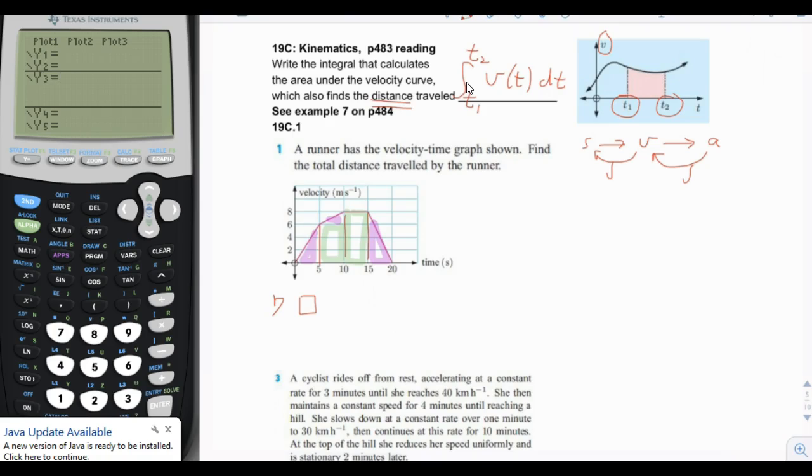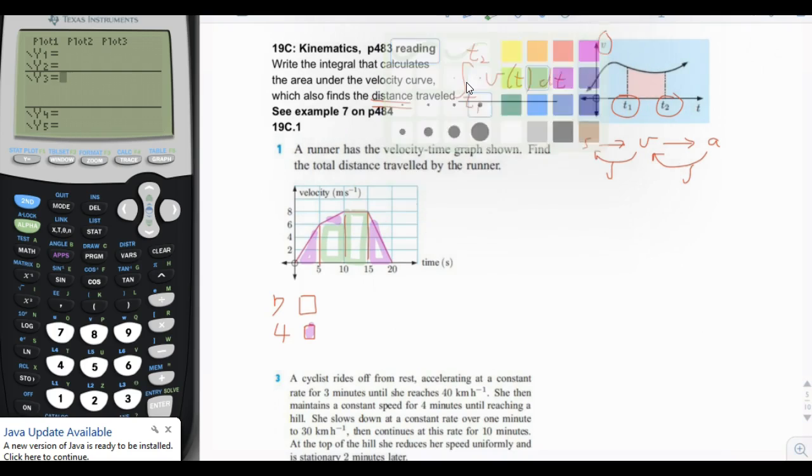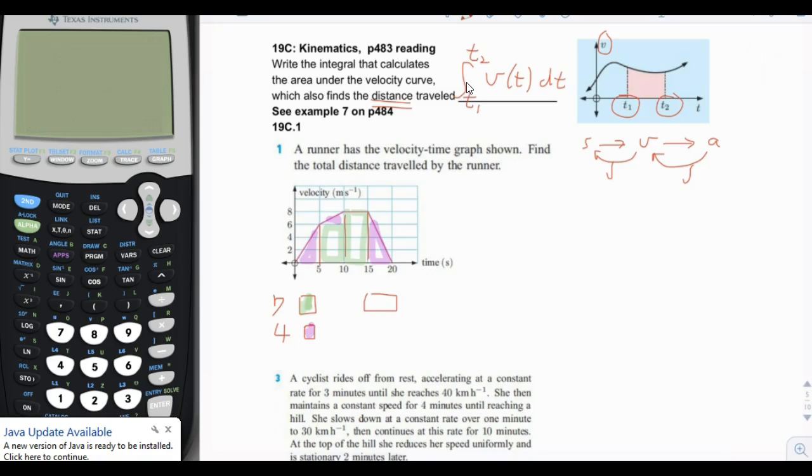So actually we got 4 rectangles that are purple, right? Because we have 8 half ones. And then we got 7 green ones. So in all we have 11 rectangles. Each rectangle is 5 seconds across, and it's 2 meters per second tall. So each one has an area of 10.